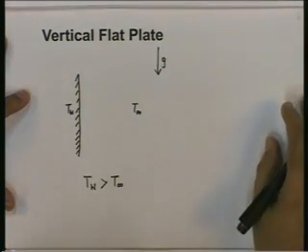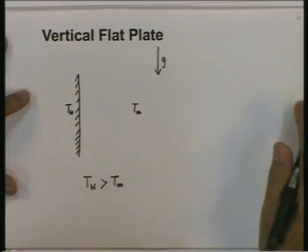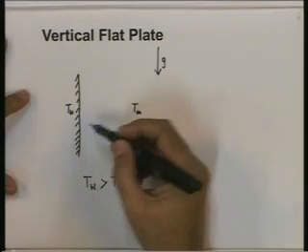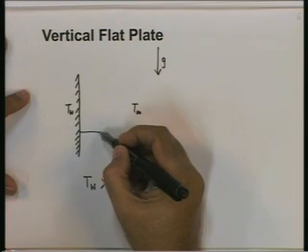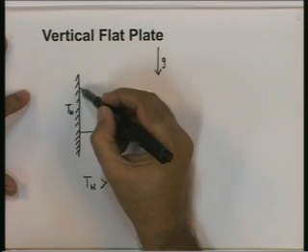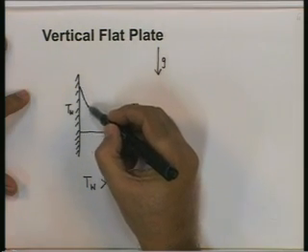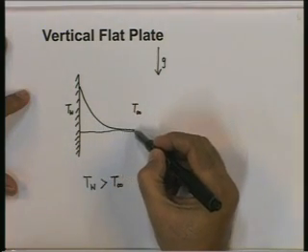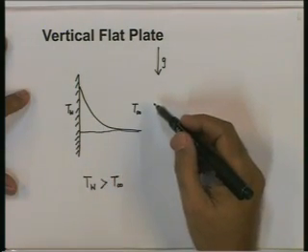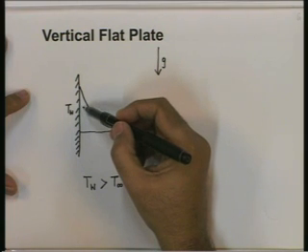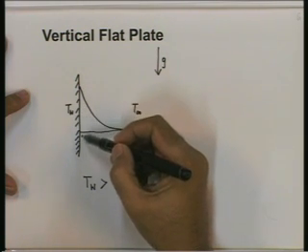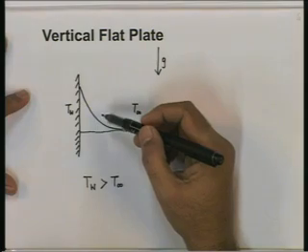That is our default assumption in any case. As we go away from the wall, we will notice that the temperature reduces from the wall temperature to the free stream temperature. Because of the higher temperature near the wall, density will reduce, fluid would tend to move up.